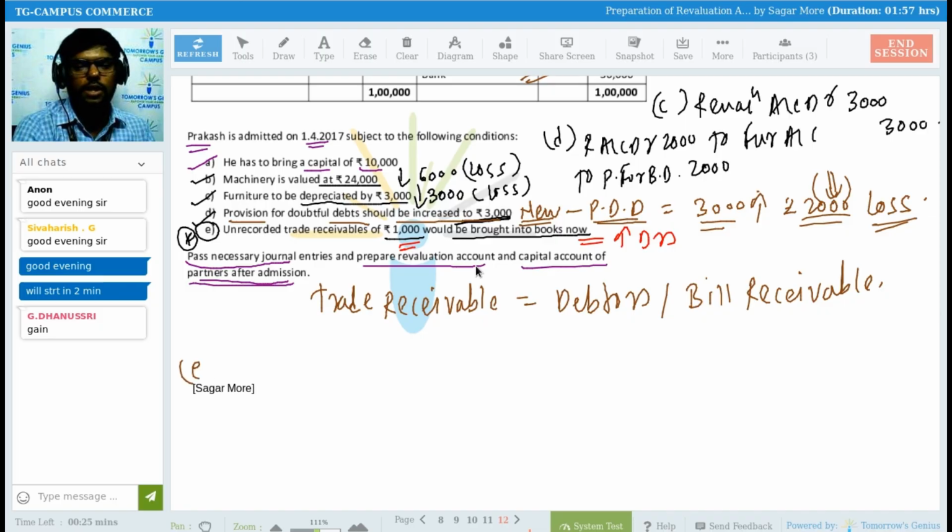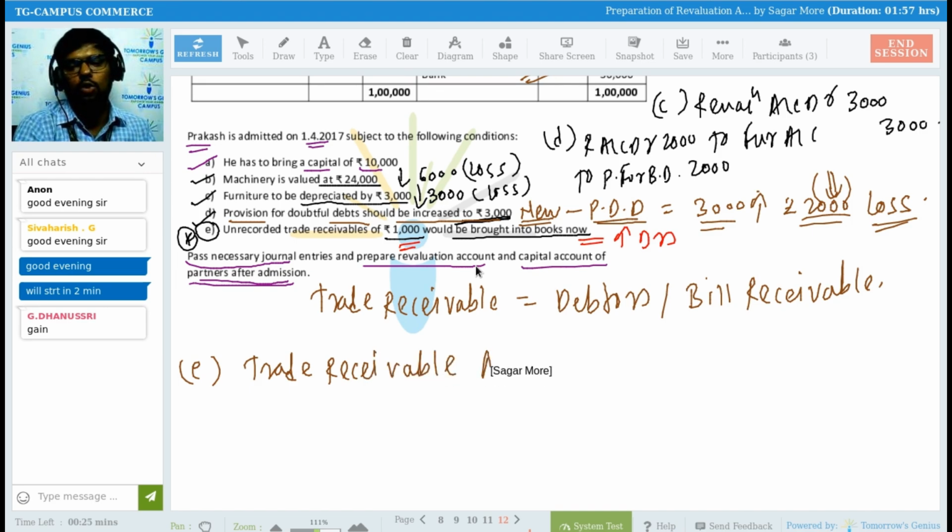So I will pass the journal entry. Revaluation account, do I need to credit or debit? Credit. So the entry will be: Trade receivable account debit to revaluation account, and the amount is 1,000 rupees. Understood?